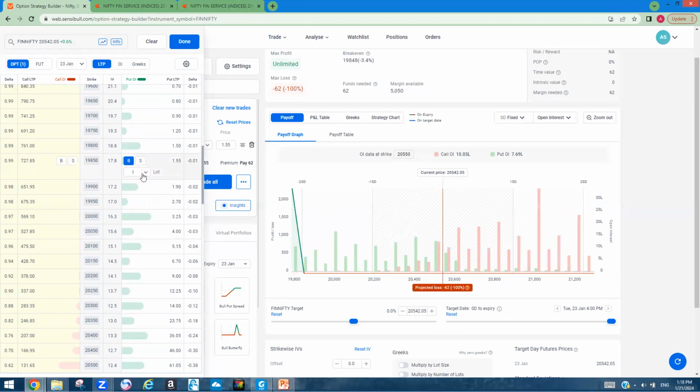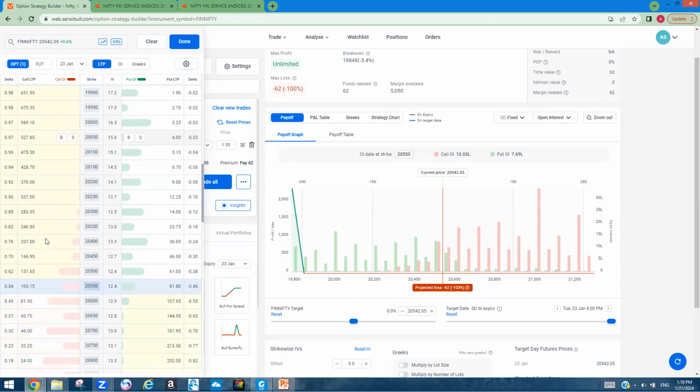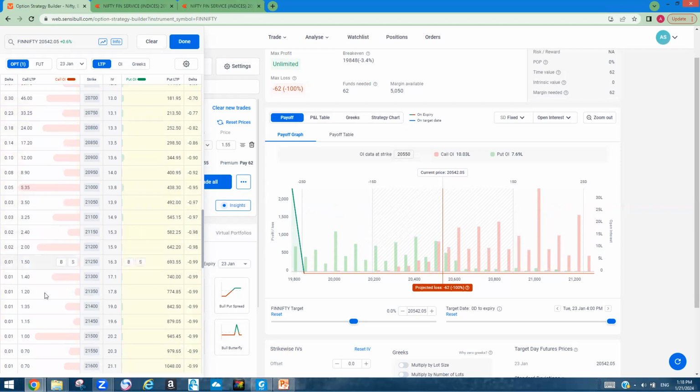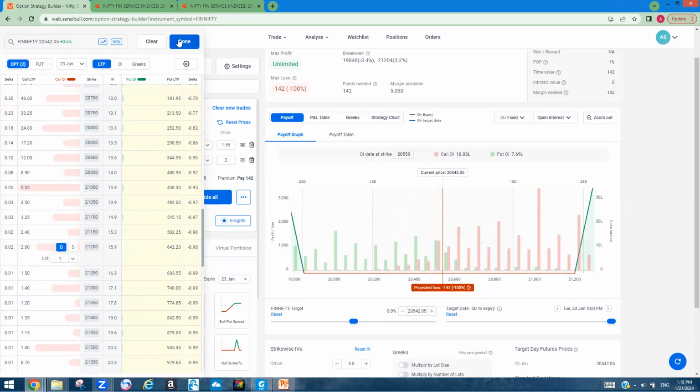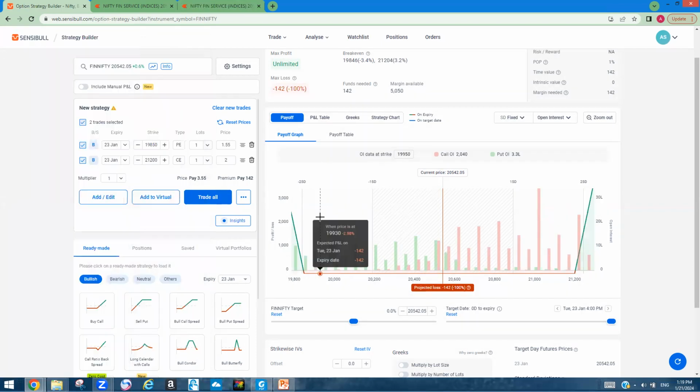Buy some 1.55 rupees or 2 rupees put option, and a similarly priced call option. For example, 2 rupees is better, as we get a better reduction in the margin requirement. So buy these two. Keep it, sit till 11:30. Then at 11:30 you can sell the call option, as I said.